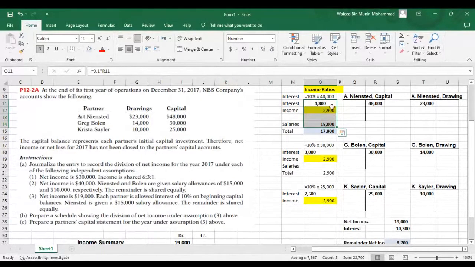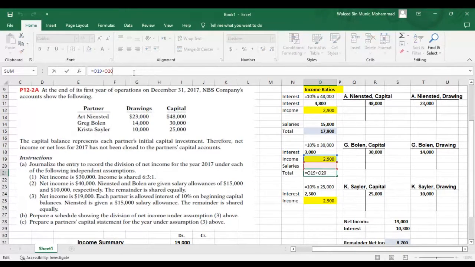These three numbers together is 17,900 for the first one. Is it clear? For the second one, he's getting interest, which is okay. Doctor, the first one will get 22,000 or 17.